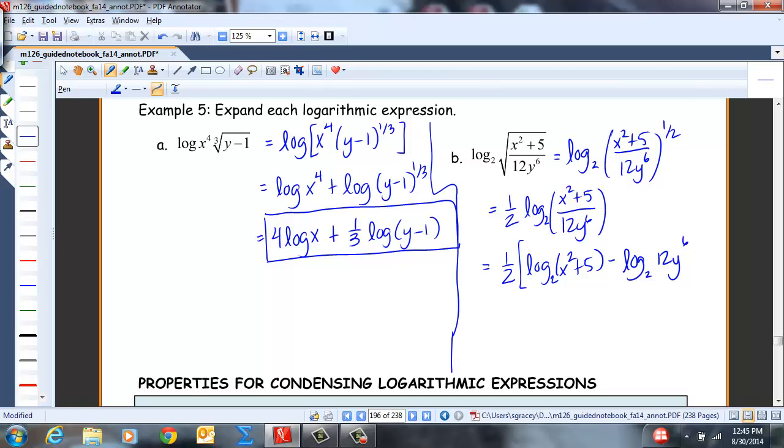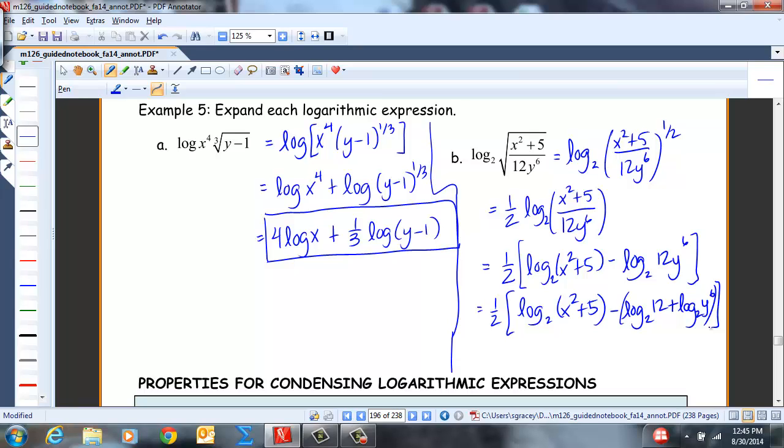So then we'll get 1/2 times, we're done with the first expression, but the second one we can write as log base 2 of 12 plus log base 2 of y to the 6.